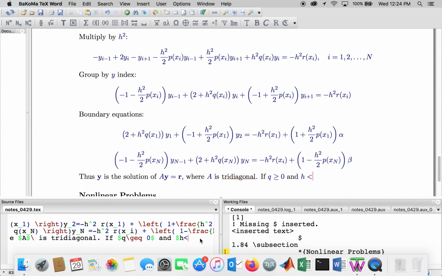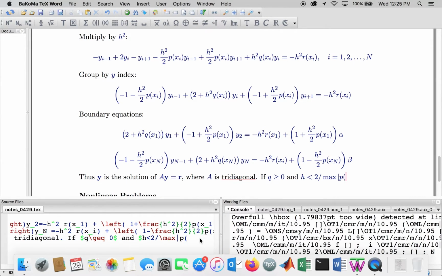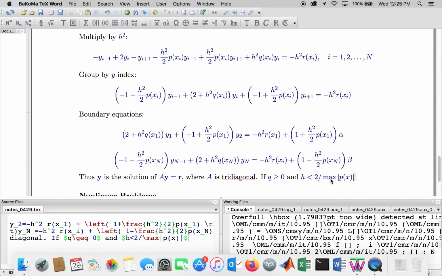So 2 divided by whatever maximum value of p of x is. So we use the largest here to have a most stringent condition on h.